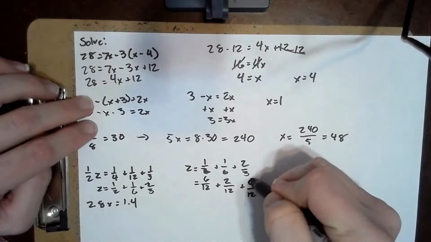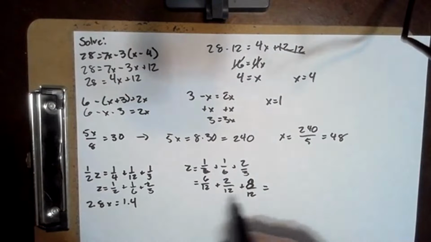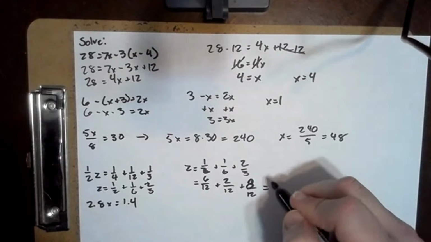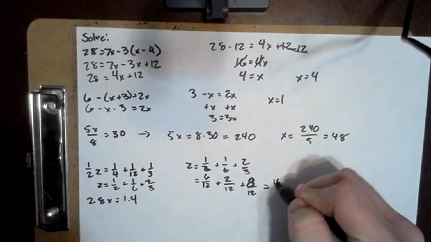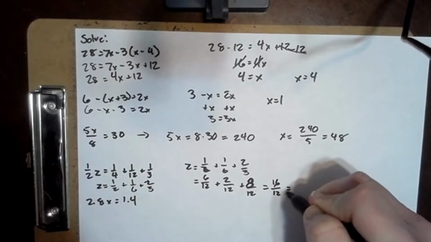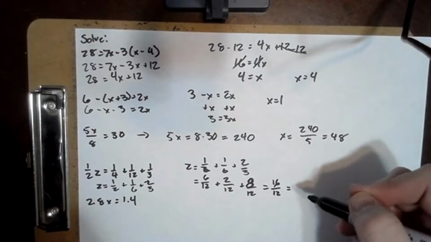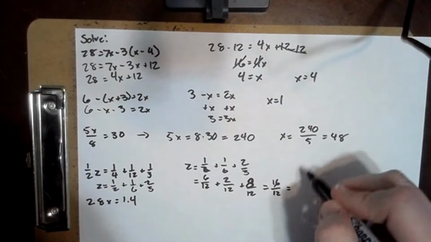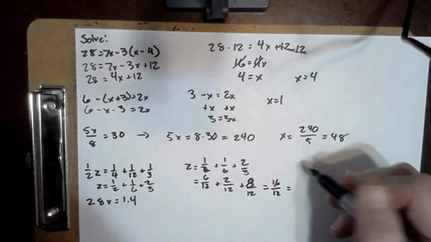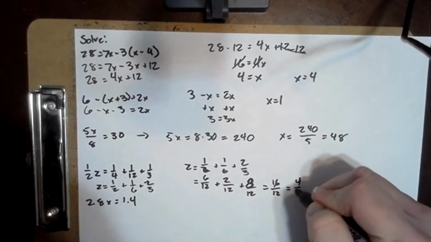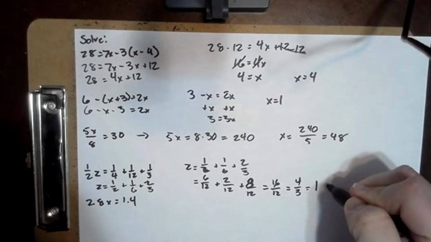This should have been 8/12, my bad. 6 plus 2 is 8, plus 8 is 16/12, which is the same as, I can divide both of these by 4 to get 4/3 or 1 1/3.